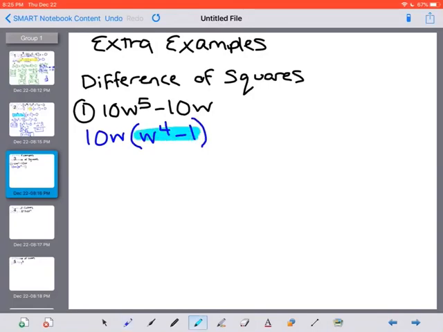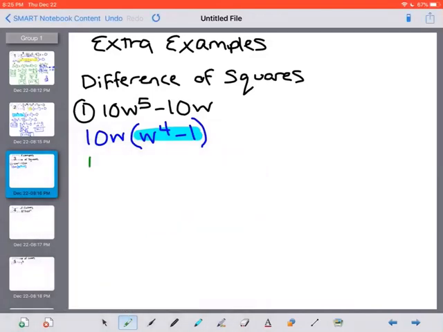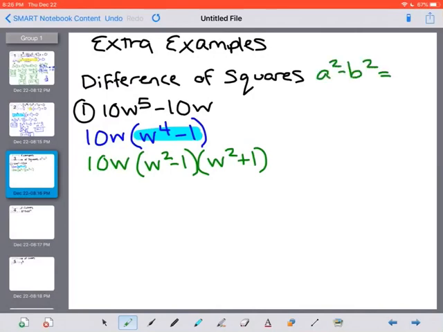Now inside here is the difference of squares. So now I'm going to rewrite my GCF, and I'm going to break down w to the 4th minus 1 into w squared minus 1 and w squared plus 1. Remember, it's a squared minus b squared equals a plus b times a minus b.